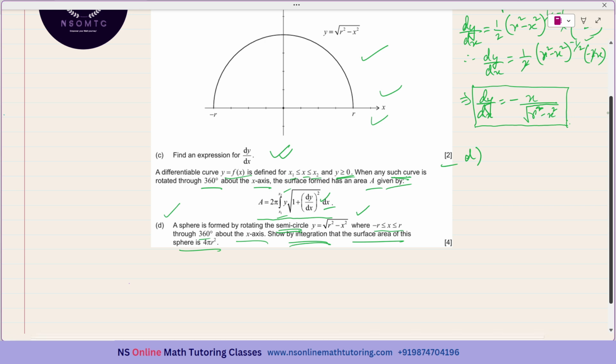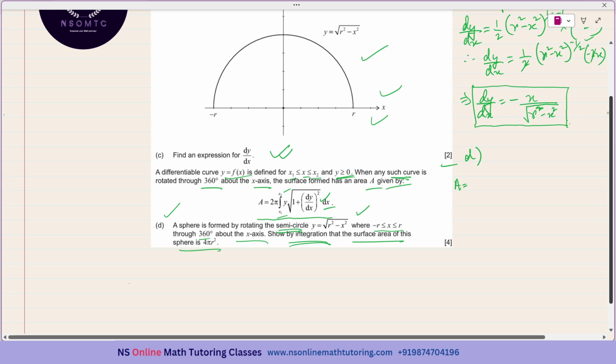I'll be writing A equal to 2 pi. Now instead of x1 and x2, the limits will be minus r and plus r. Y is having this expression, square root of r square minus x square, times square root of 1 plus (dy by dx) whole square.